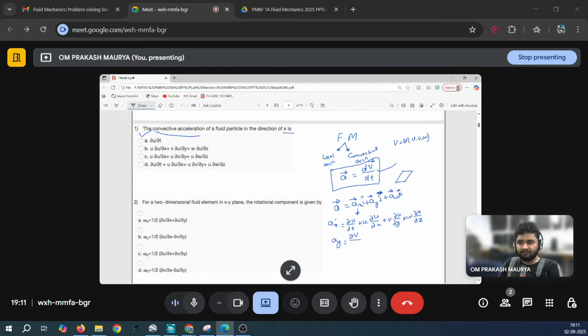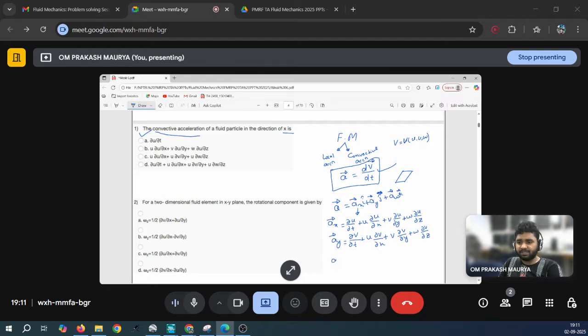That's why I'm writing acceleration in the x direction; acceleration in the y direction will have all the u places replaced with v: del v by del t plus u del v by del x plus v del v by del y plus w del v by del z.